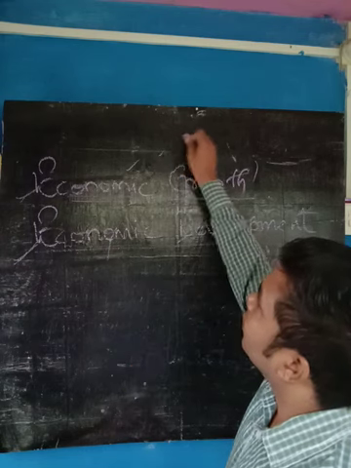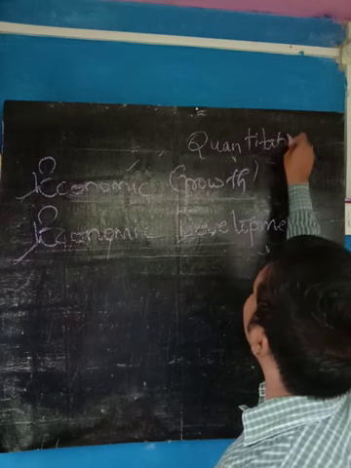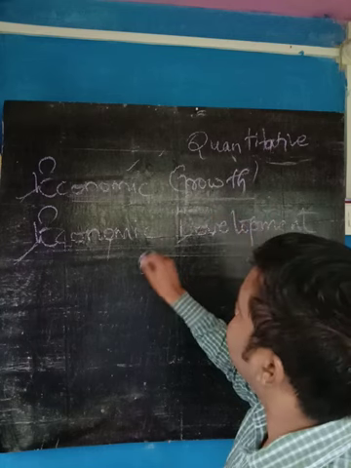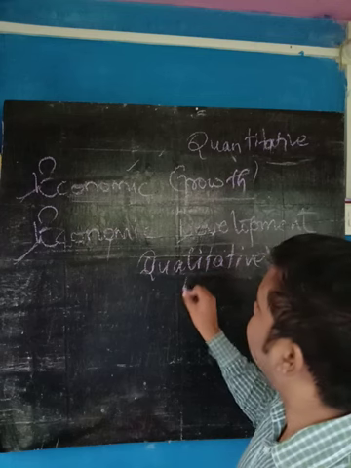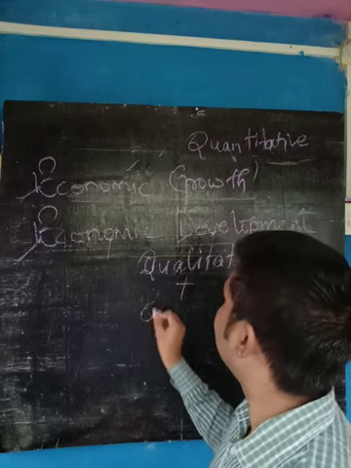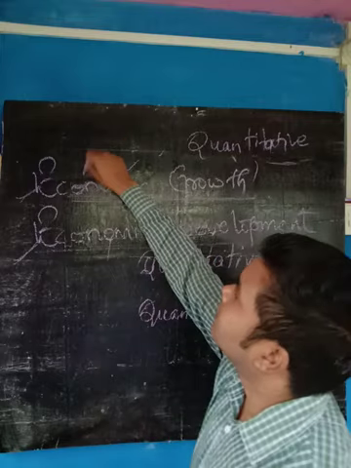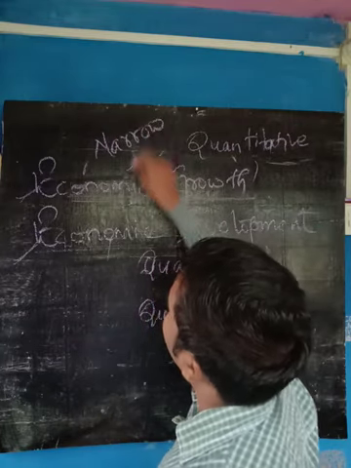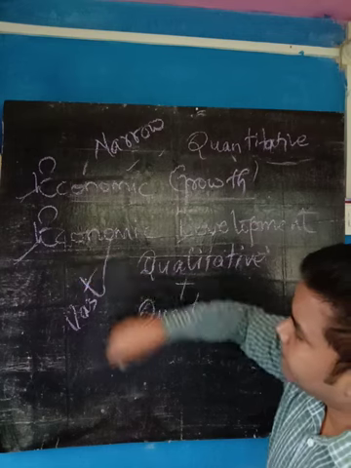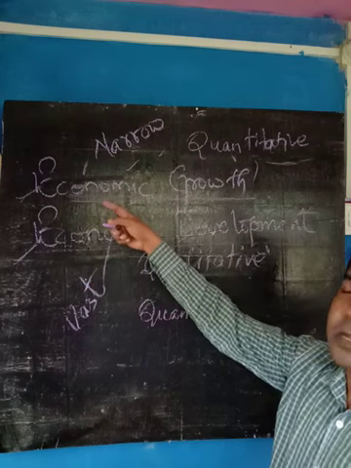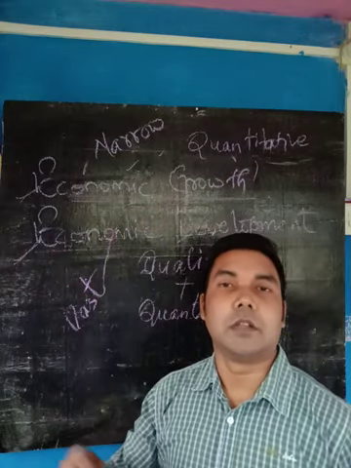One is narrow, and the other is a vast concept. Growth shows quantitative, while development shows qualitative plus quantitative. Here the country will just grow, the country will not develop, but here the country will grow as well as lead towards development.